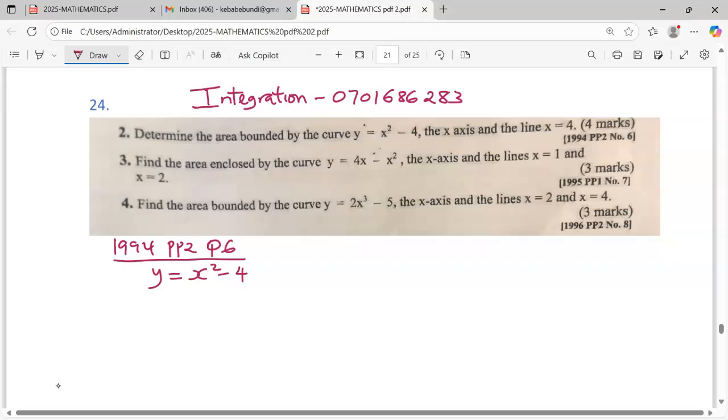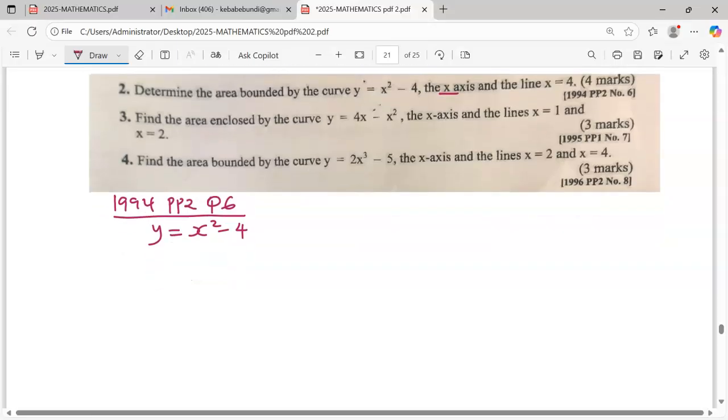The first thing we are supposed to know is that at the x-axis the value of y is 0, and therefore x squared minus 4 will be equal to 0. That means in place of y you put a 0. If you take minus 4 to the other side, x squared will be equal to 4, meaning x is equal to the square root of 4, which is going to be plus or minus 2.